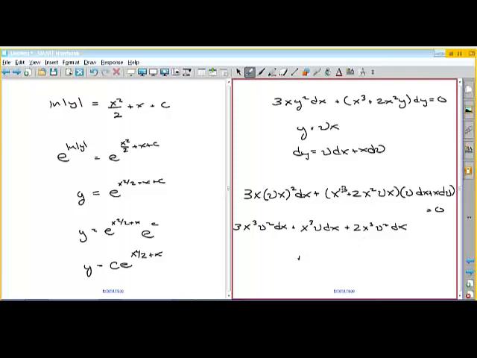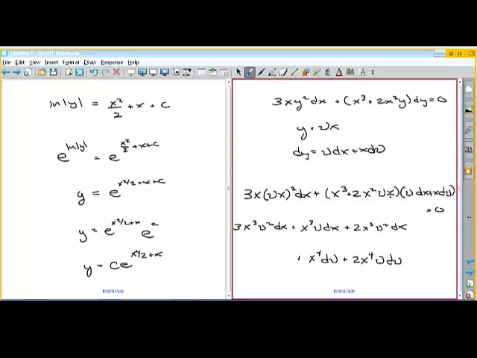And then you'd have the outer, which would be x cubed times x d nu, so that's going to be x to the 4th d nu. And then finally, last, which would be these two, you'll have 2x squared times x, so that's x cubed times x, so that's going to be 2x to the 4th, and then I've got a nu, and then a d nu.